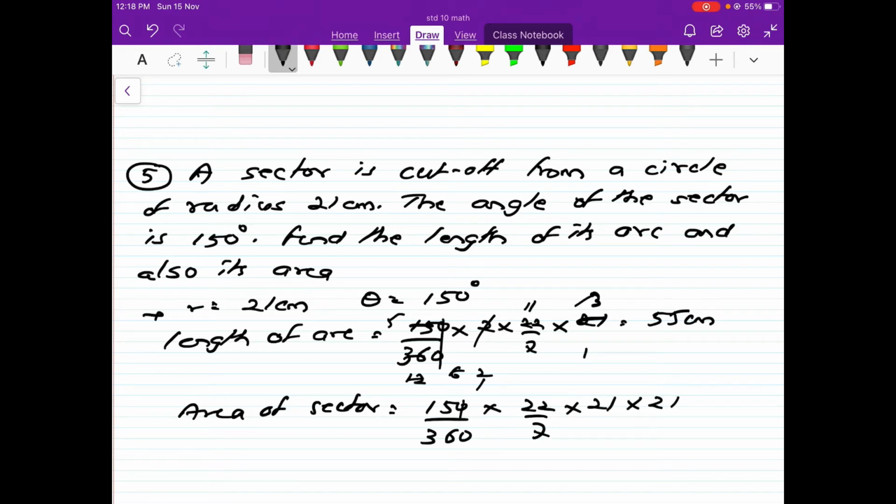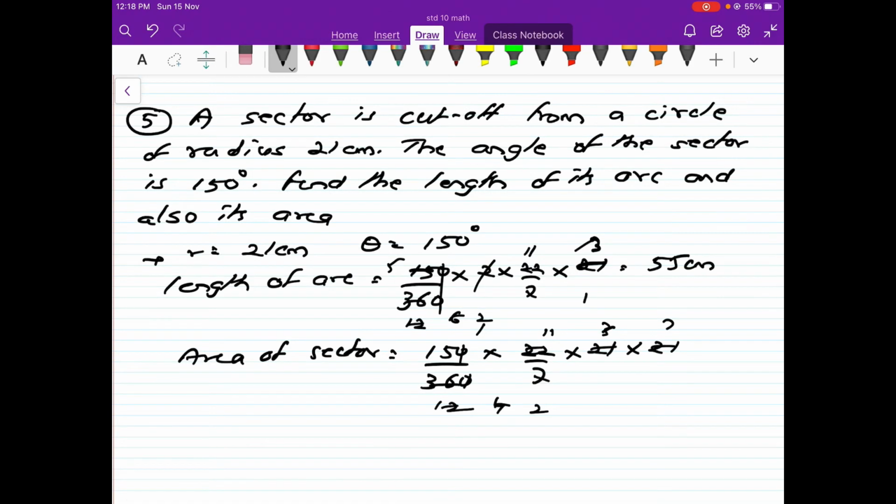So this 110 will get cut. 7 3s are 21, 3 12s are 4, 3 4s are 12, and 3 7s are 21, 2 2s are 4, into 11. So this is 15 into 11 into 7 upon 2. So we are getting 577.5 centimeter square. So this is the length and this is the area of the sector.